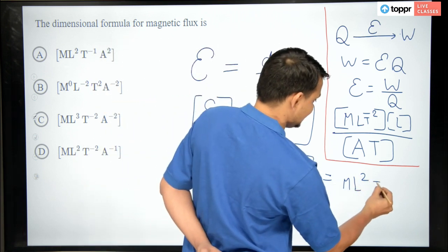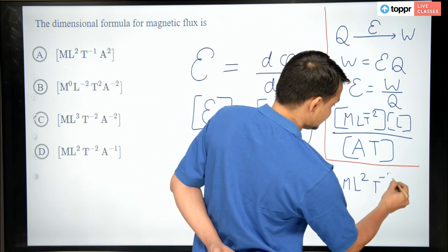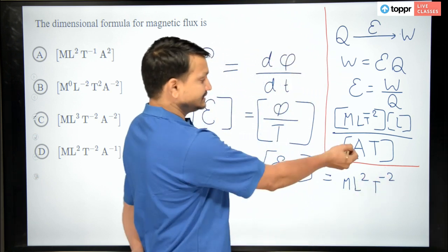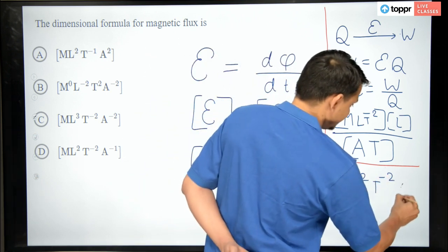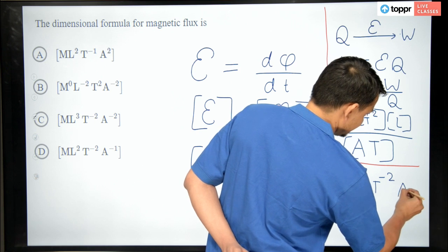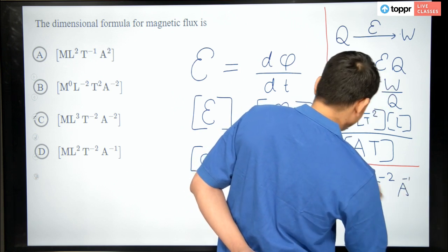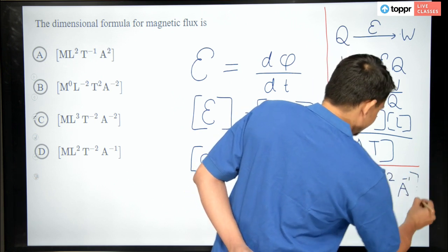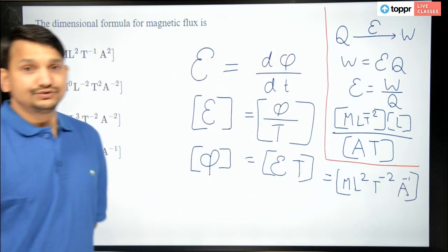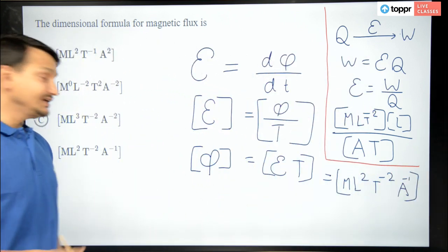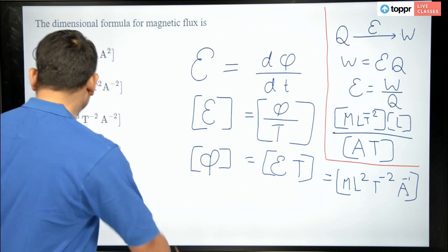So T inverse square times inverse of A, that is current. So whatever method you use, if you are going the right way, you will get the same answer. Again, D.